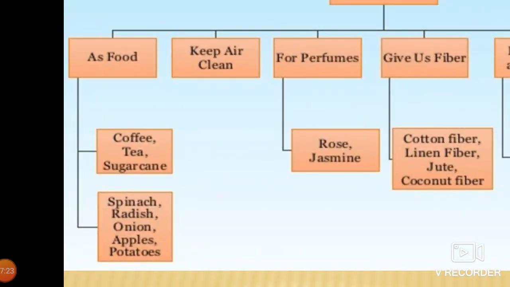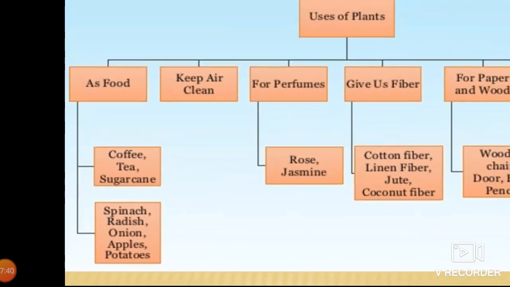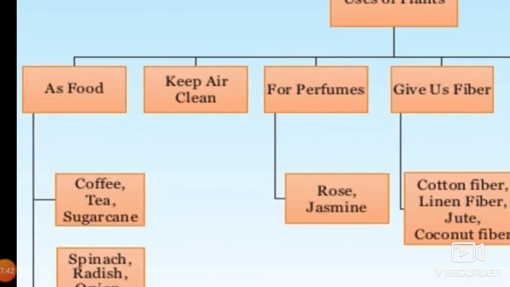Number one, plants give us food in the form of fruits, vegetables, cereals, pulses, and plants also give us beverages like coffee, tea, sugarcane. The second, keep air clean. It means plants help to keep air clean by absorbing carbon dioxide from the environment.